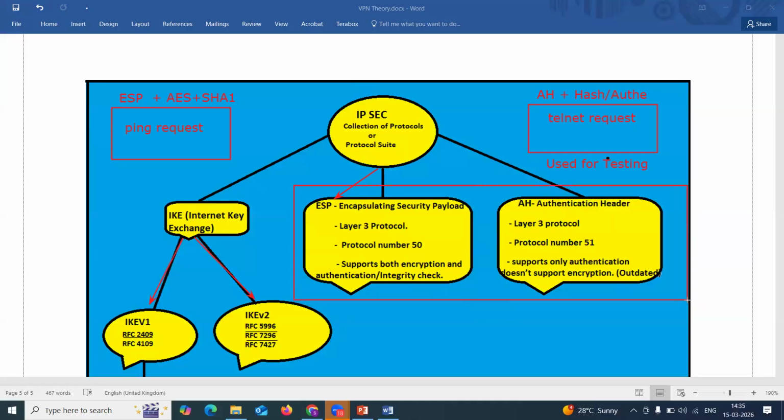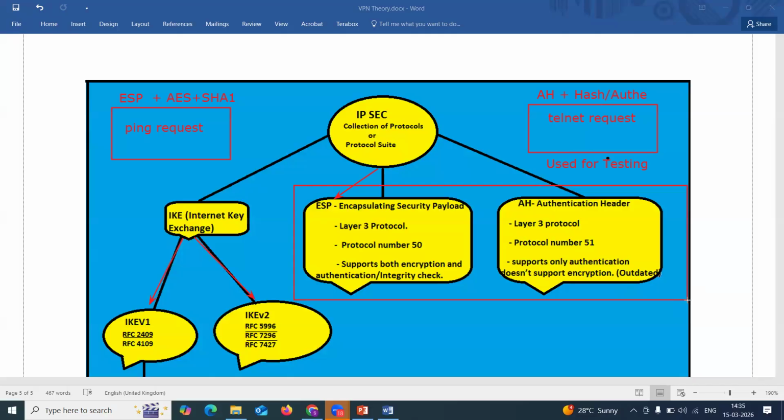Guys, keep in mind, whatever theoretical part I'm teaching you in this initial phase of VPN, please take it very, very seriously, because these are the questions which come from VPN and this will help you grab your opportunity.